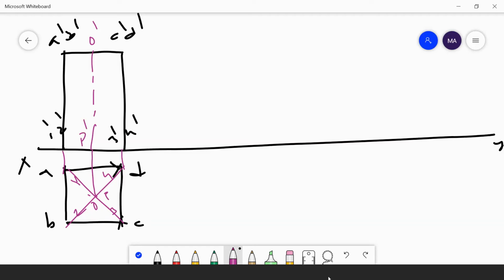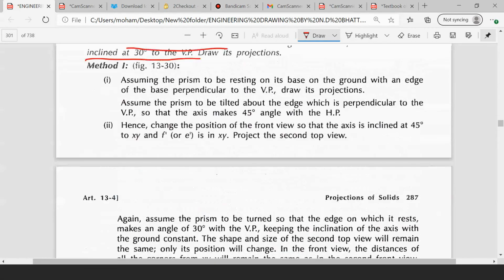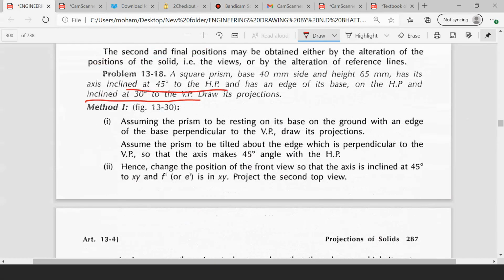Understand? You are considering the axis as OP. So here I am drawing what he is saying: 65 mm has its axis inclined at 45 degrees to HP and has an edge of its base.